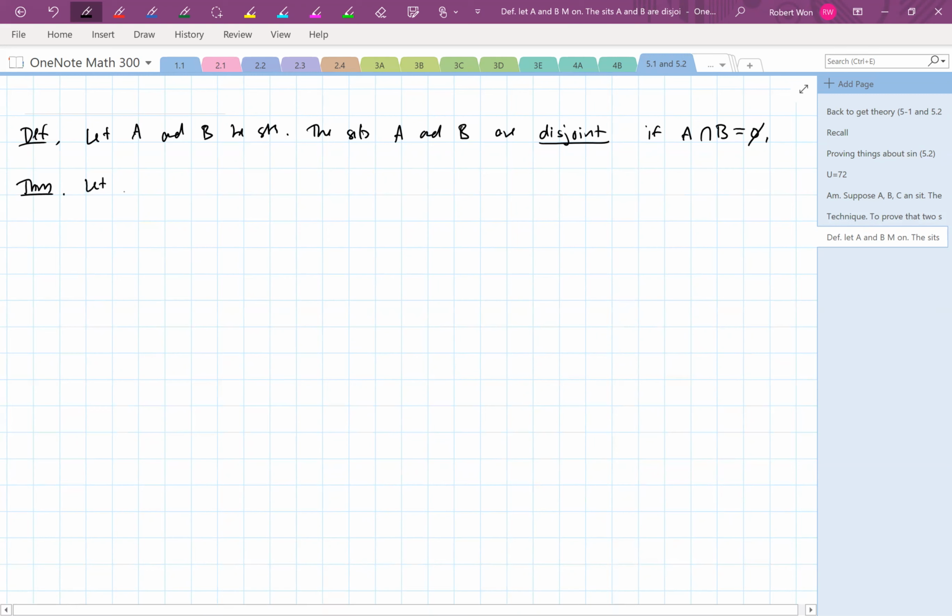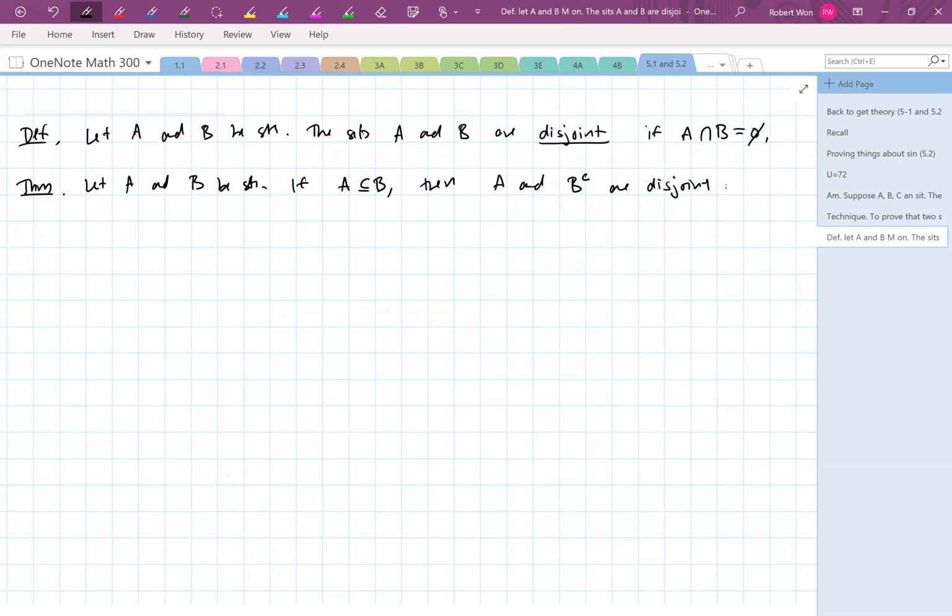So here's the theorem. Let A and B be sets. If A is a subset of B, then A and B complement are disjoint. Okay, this seems reasonable enough, right?